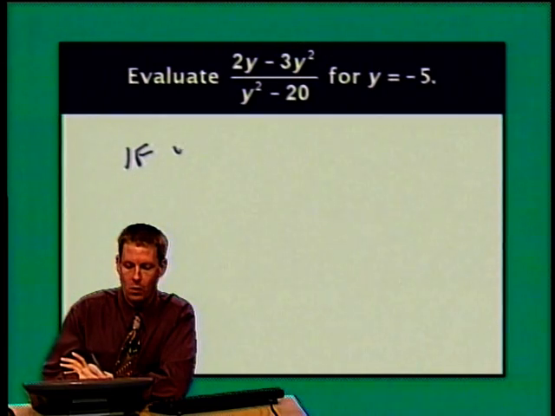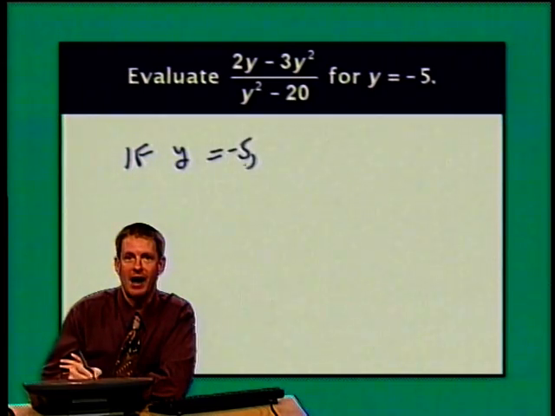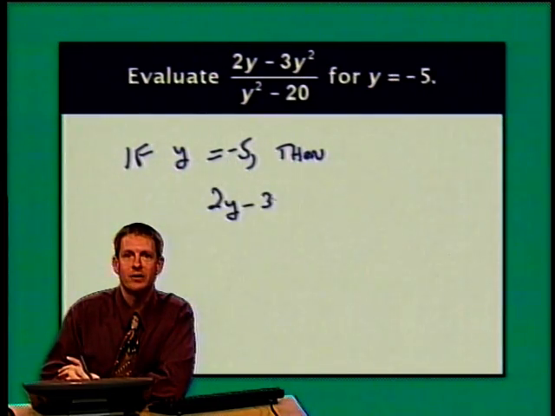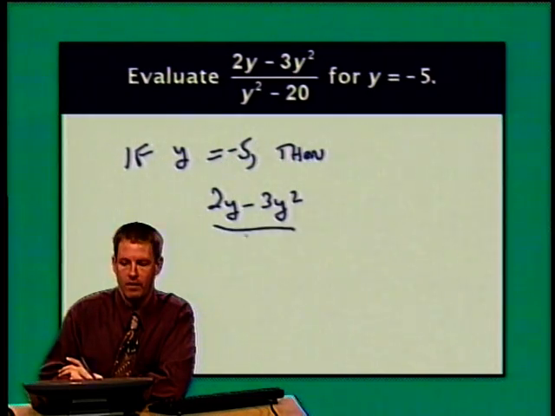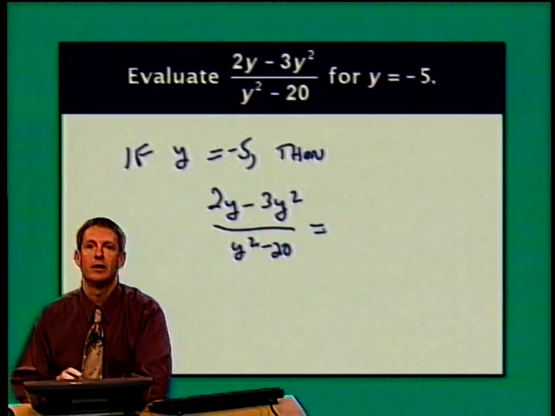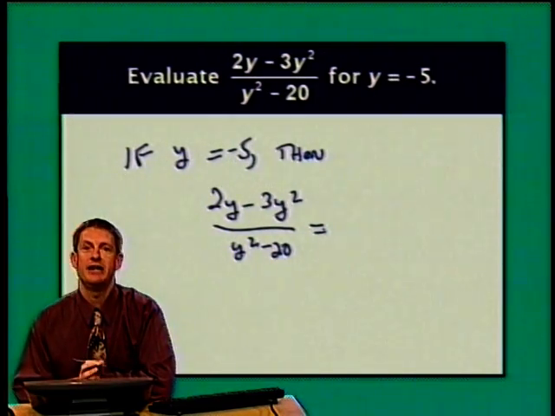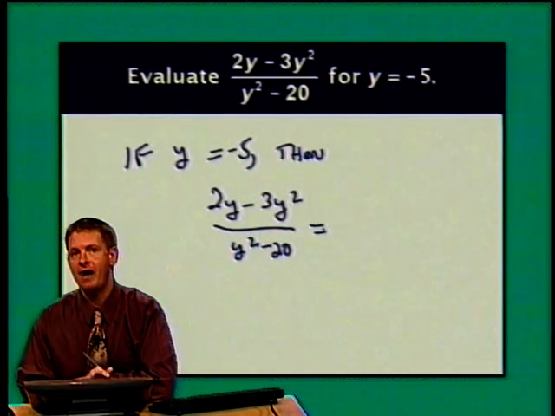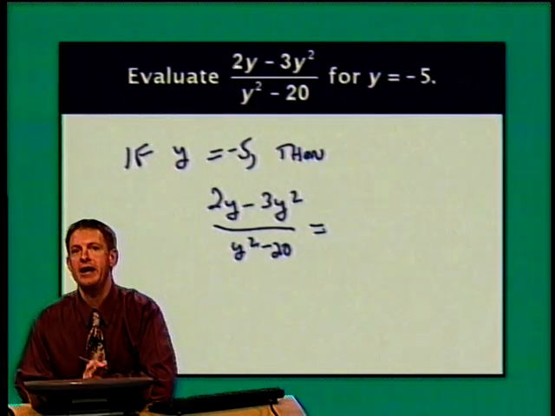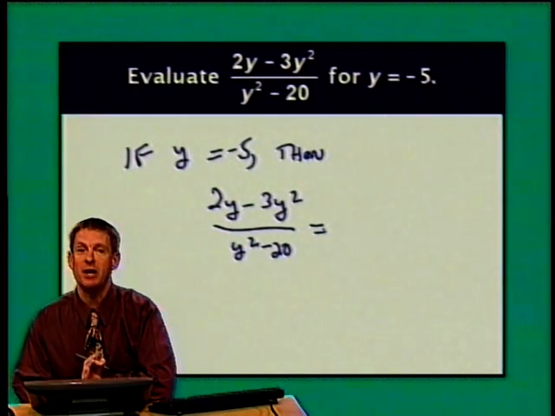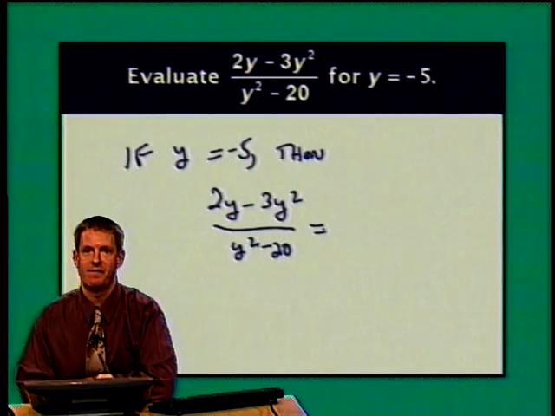If y equals negative 5, then our expression 2y minus 3y squared over y squared minus 20 equals, first thing I need to do is replace y with negative 5. And every time I write down negative 5, I need to make sure that I write it in a way that clearly communicates the operation that needs to be performed upon the negative 5.